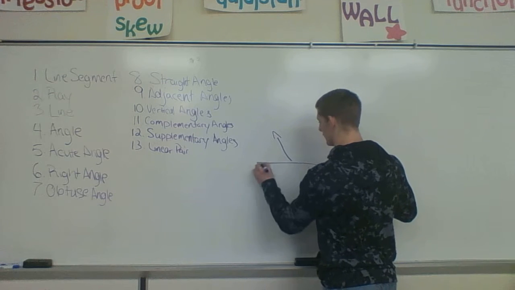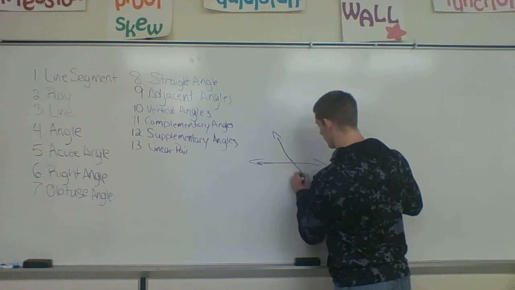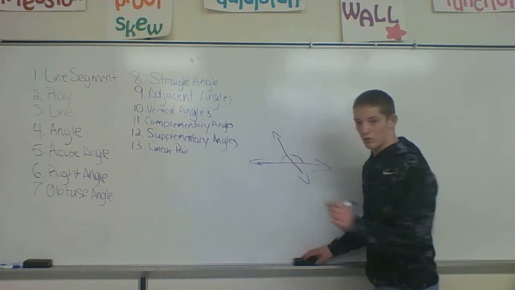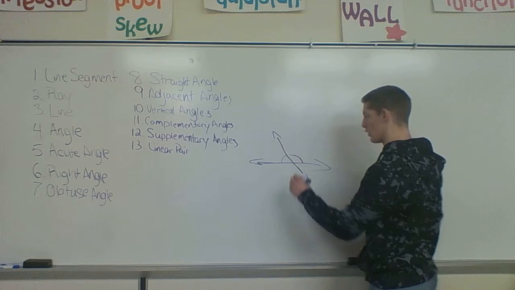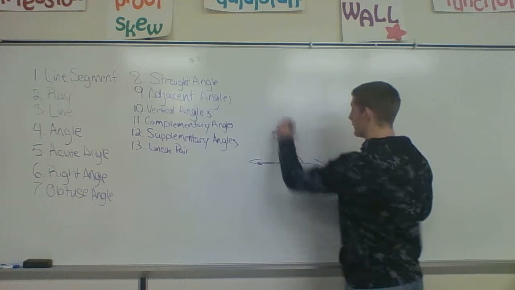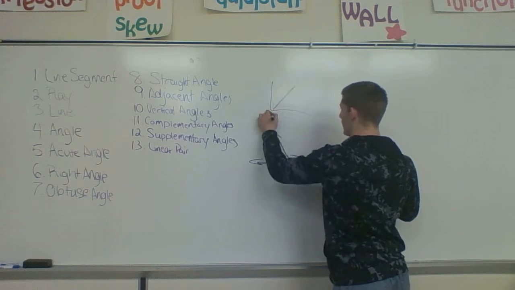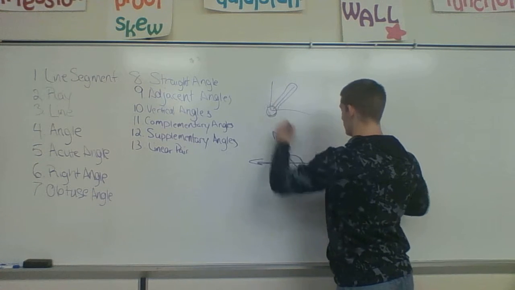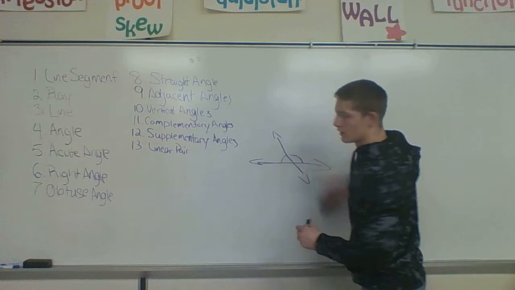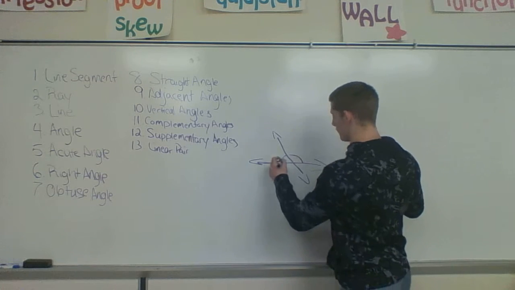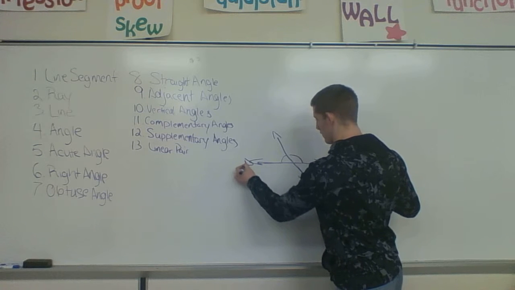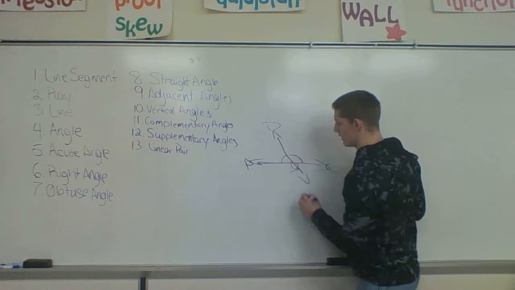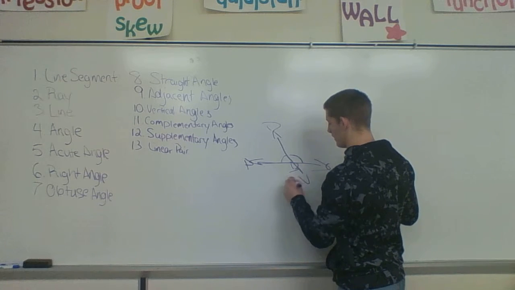So at this, and this. So this angle and this angle will equal 180 degrees. This is when you have two adjacent angles. If you remember the adjacent angles from earlier that share a point, a vertex, and a side. So right here, so A, B, C, and D. So you see again, BD is the side, and B.